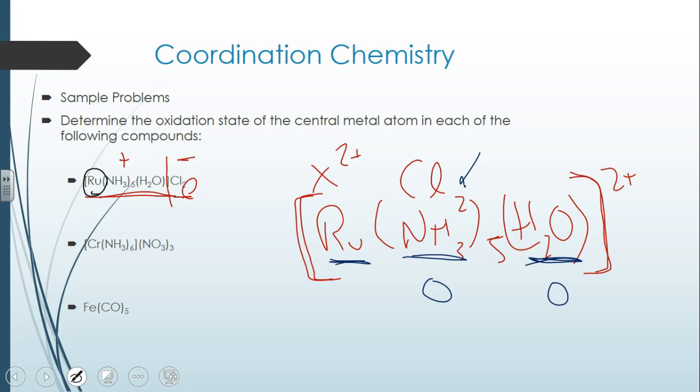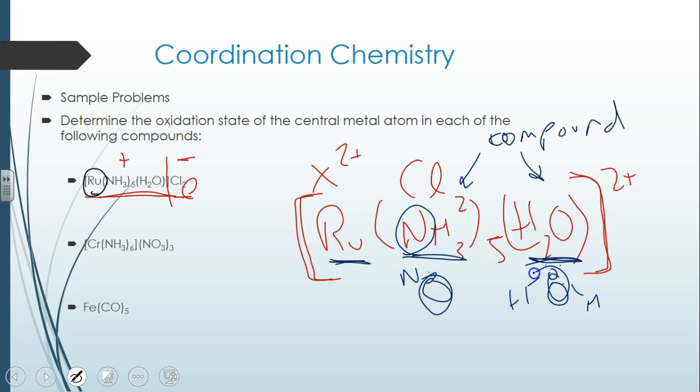These are neutral compounds, but they're ligands because, remember, nitrogen has an unshared pair of electrons, and the oxygen on water has unshared pairs of electrons. So if this is 0 and this is 0, the only way that this can add up to 2+ is if the ruthenium is 2+.